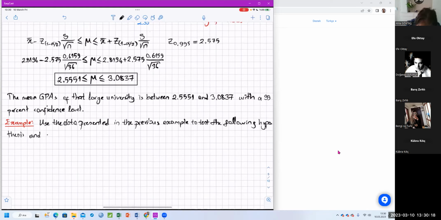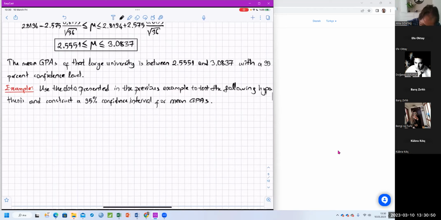And construct a 95% confidence interval for mean GPAs.